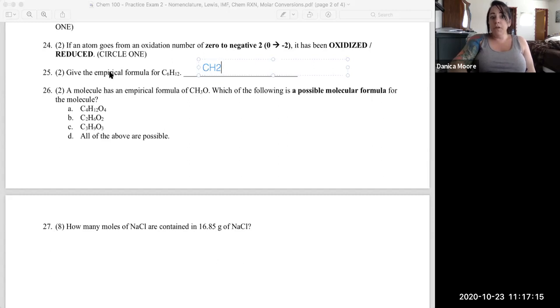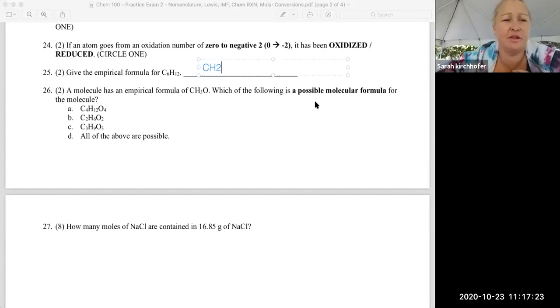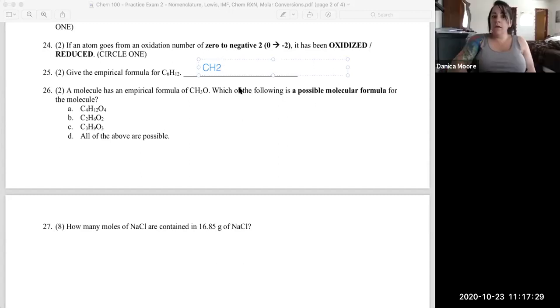So the empirical formula is always the lowest ratio possible for a compound, right? So you can just go in and reduce like that? It will make a different molecule.